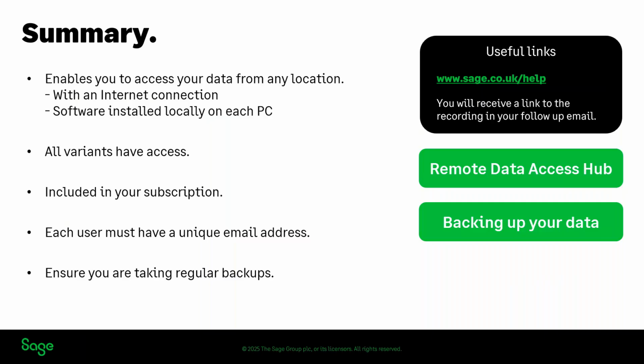Each user must have a unique email address, and you want to ensure that you are taking regular backups of your data. Again, down the right-hand side, I've provided sage.co.uk/help, with information for the Remote Data Access Hub and also backing up your data.